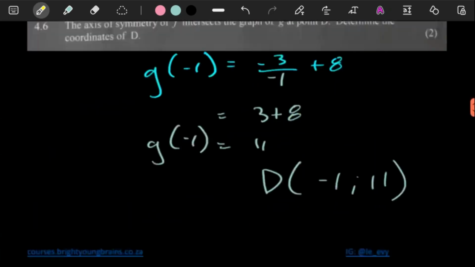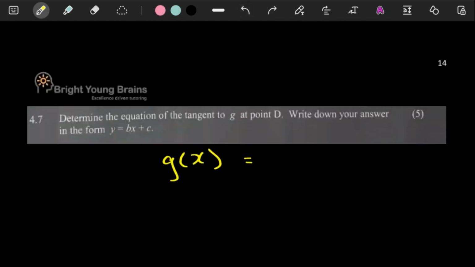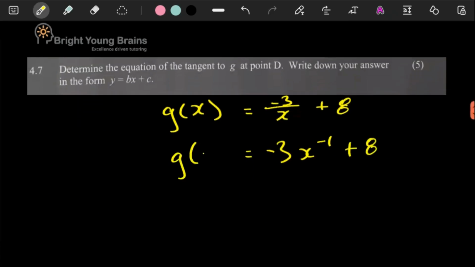So let's write out the equation of g first. g of x is equal to -3 over x, plus 8. If you want to differentiate this, we have to bring the x up first. So it's going to be -3x to the power of -1, plus 8. This is g of x.